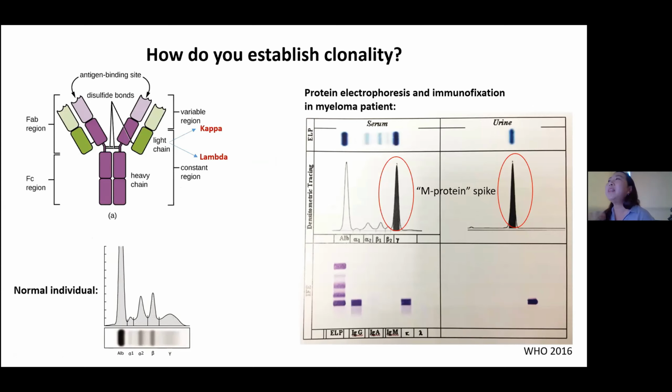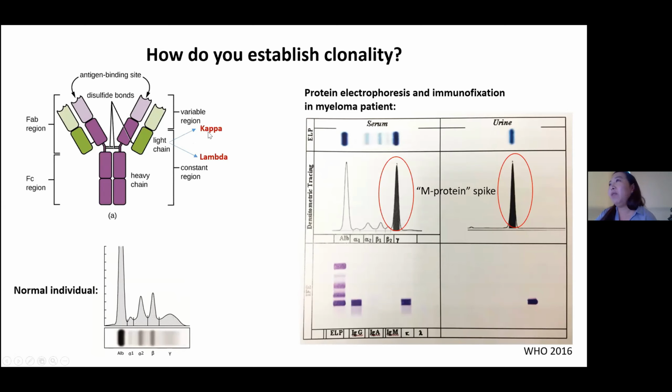So how do you establish clonality? How do you tell if you have proliferation of plasma cells in the bone marrow that produces this abnormal protein? This is a diagram of an immunoglobulin, composed of heavy chain and light chain, held together by disulfide bonds. Your light chain can be kappa or lambda.